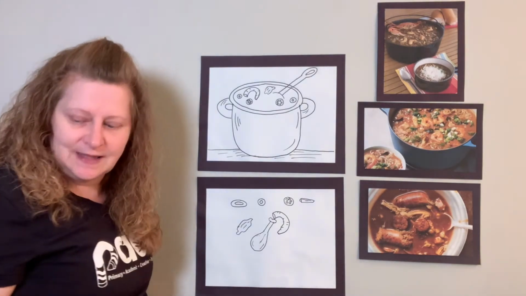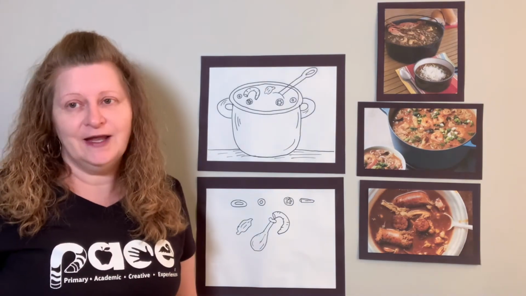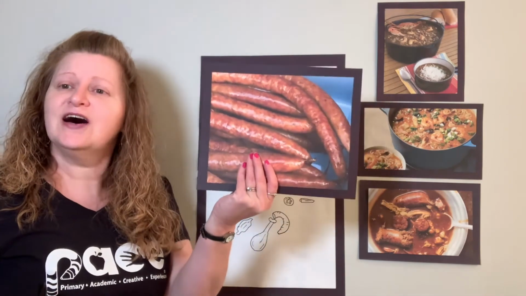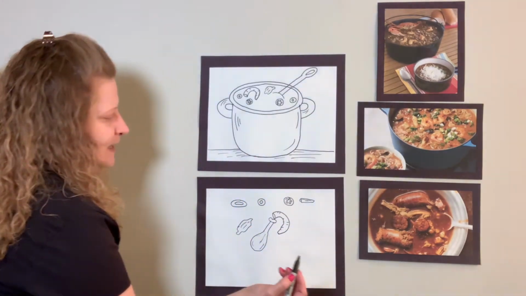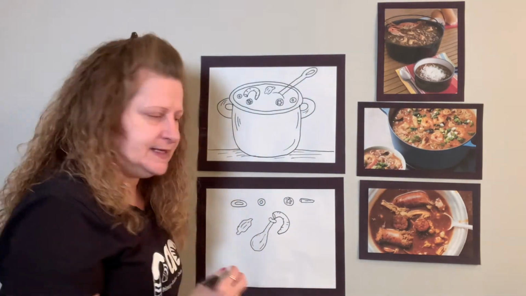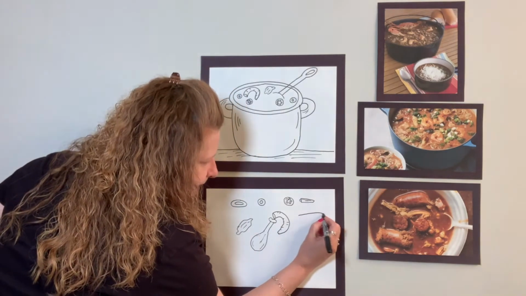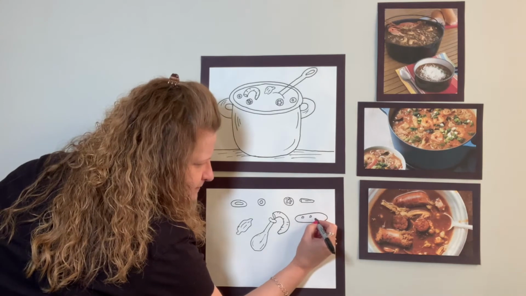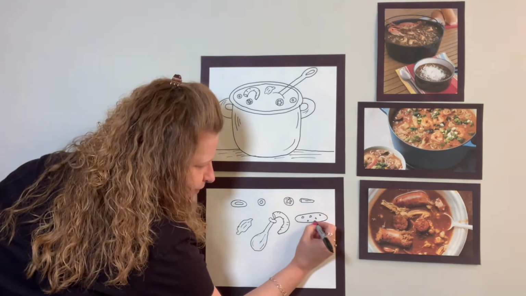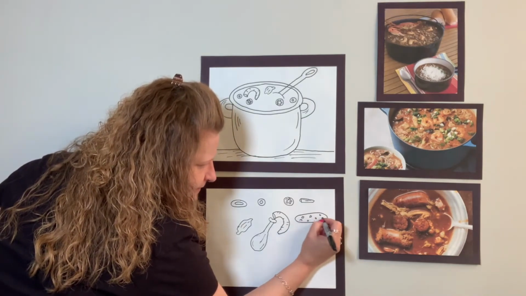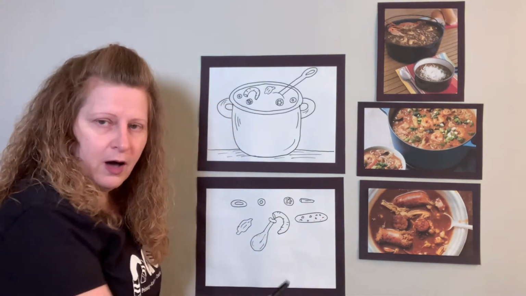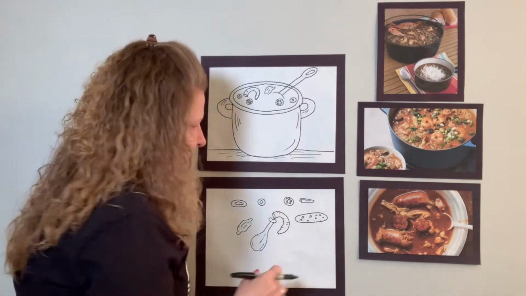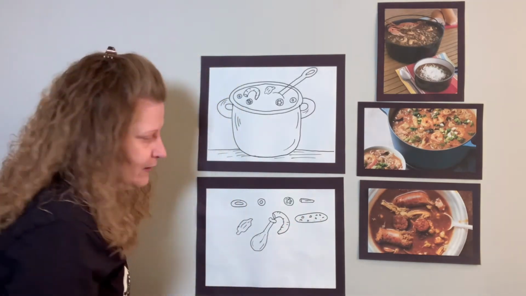All right, the next thing that I want to add to my gumbo is sausage. There's two ways also that we can make sausage. So we could make it like a long link, and now there's little pieces of meat and little peppers and things in our sausage, so we can draw all of the different ingredients that are found inside of a sausage here.